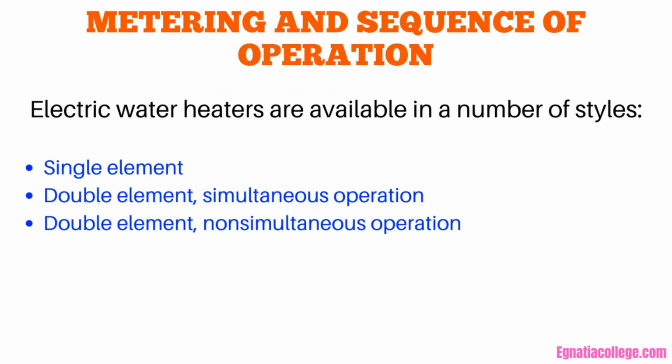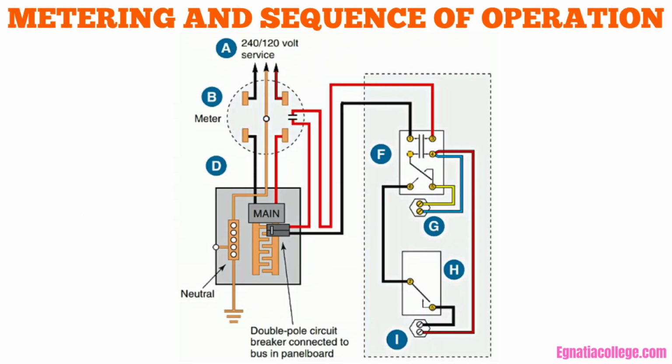Metering and sequence of operation. Electric water heaters are available in a number of styles: single element, double element with simultaneous operation, and double element with non-simultaneous operation. There are several ways that a utility company can provide metering and for the electrician to make the connections. 1.